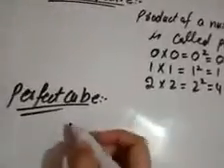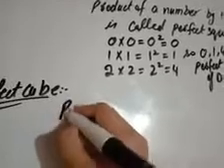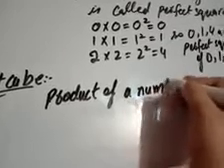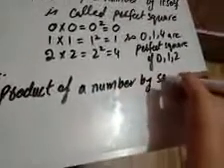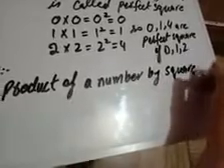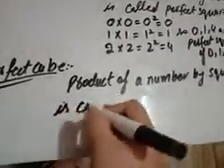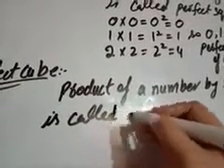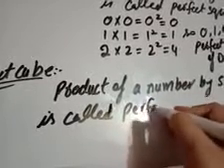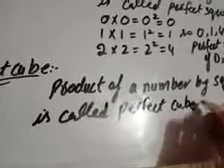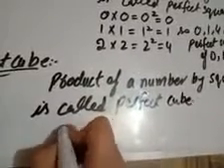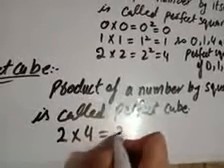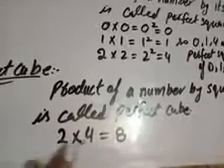Next, definition of perfect cubes: the product of a number by its square is called a perfect cube. As we multiply 2 with its square, the 2 square is 4, it gives 8. 8 is the cube of 2.